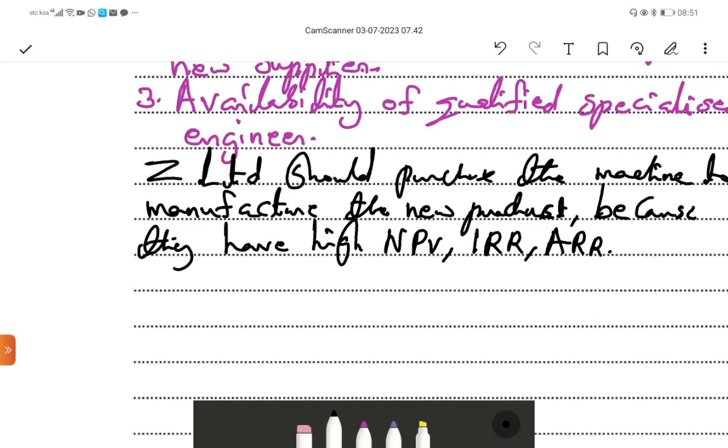So they should not reject, they should buy the machine.